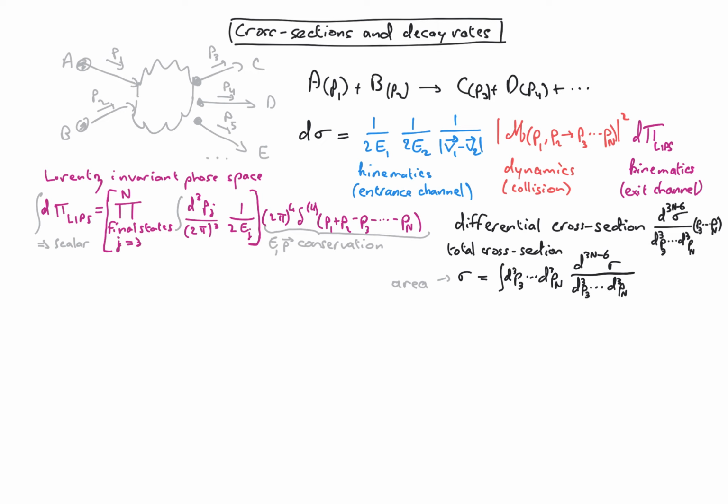We can similarly define decay rates to describe the probability for a particle to decay into a subset of particles per unit of time. This is used to quantify the probability for the decay of a particle into a subset of other particles.